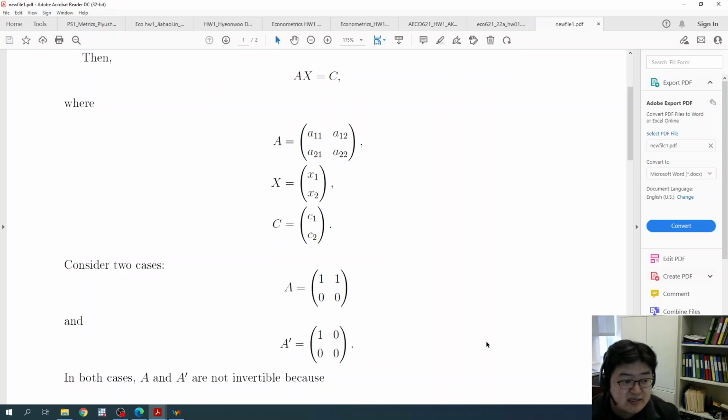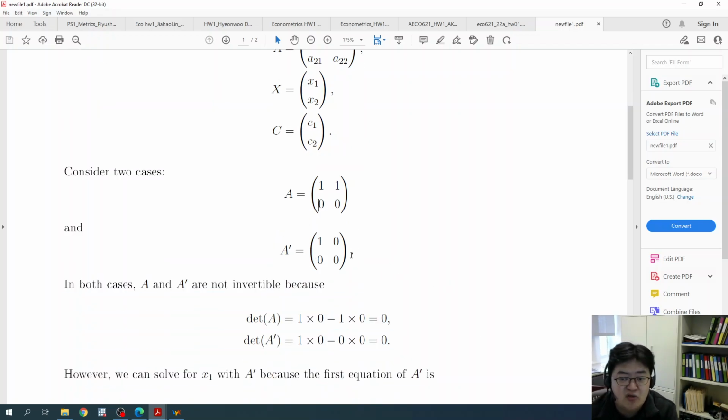In both cases, they are not invertible. The rank is not 2. Obviously, if you calculate the determinant, both of them equal 0. So they are not invertible, and we cannot solve for both unknowns.